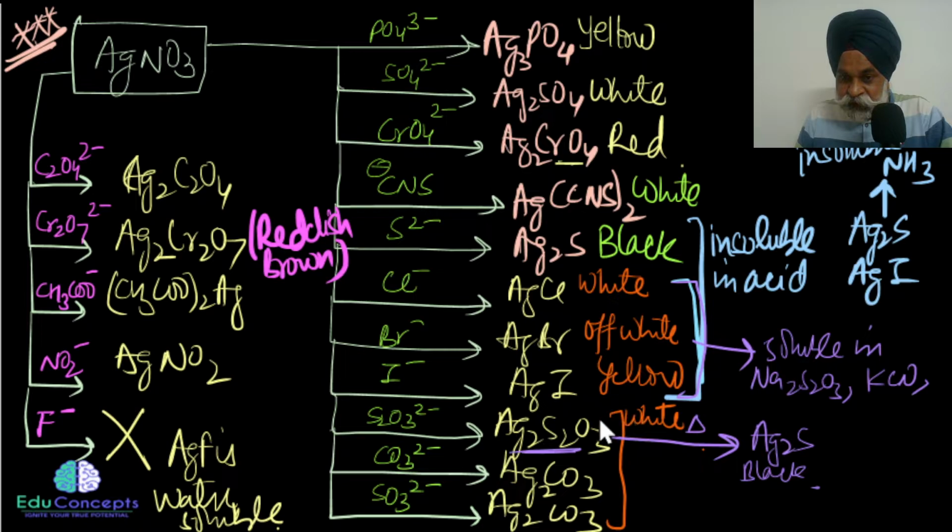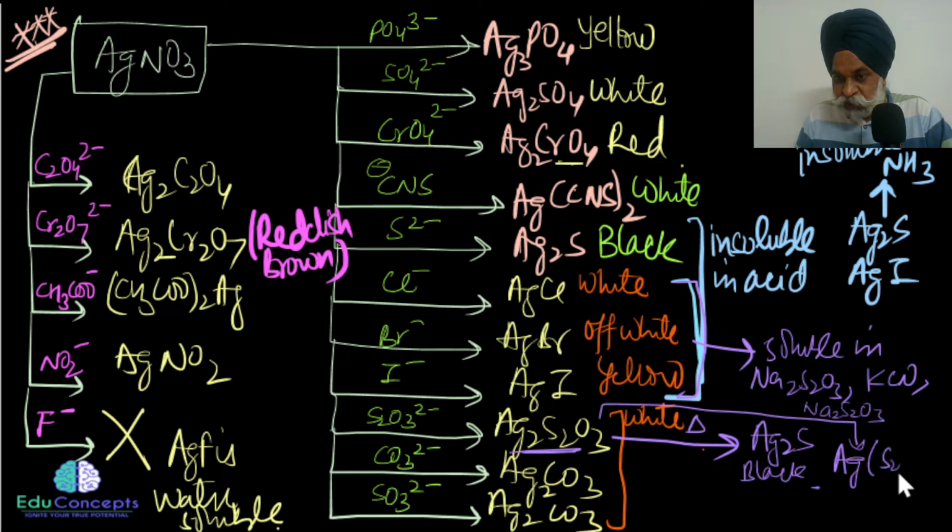And if excess of thiosulfate, excess of hypo, is added, then it may also become water soluble in the form of this water soluble complex, which I am showing you now, with 3 negative charge. So this is also to be remembered. You have to remember these colors, along with whatever important information you are getting here.